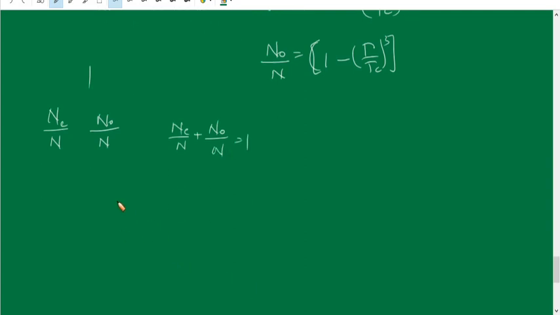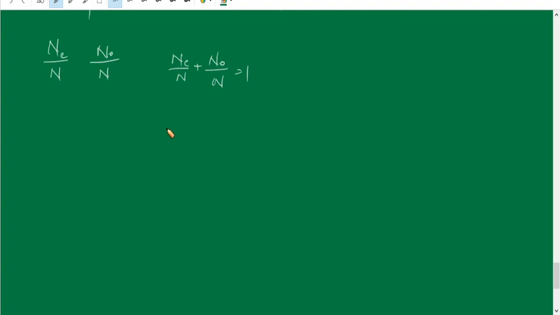So we can plot a graph of this. In this axis T, in this axis we are plotting ne by n as well as n0 by n. There is a transition temperature Tc.